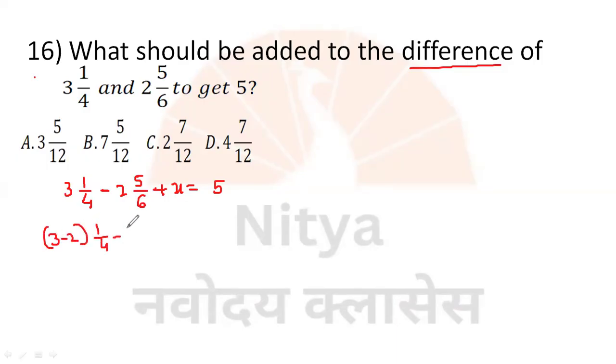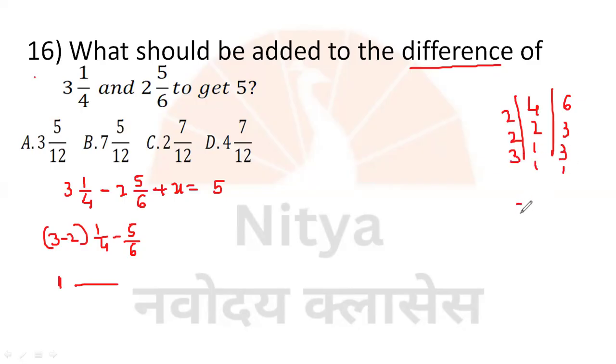After that, the fraction part. Okay, 3 minus 2 is 1, and for 4 and 6 we have to take the LCM. 2 2s are 4, 2 3s are 6, 2 1s are 2, and 3 1s are 3. And 2 2s are 4, 4 3s are 12, which is the LCM.